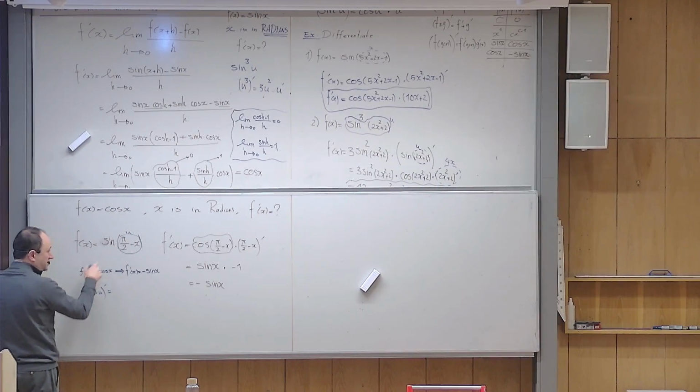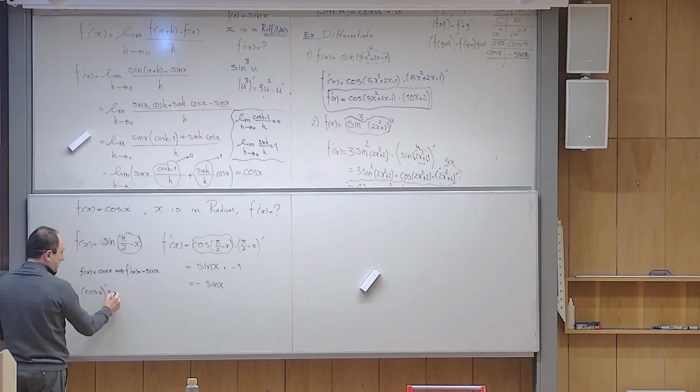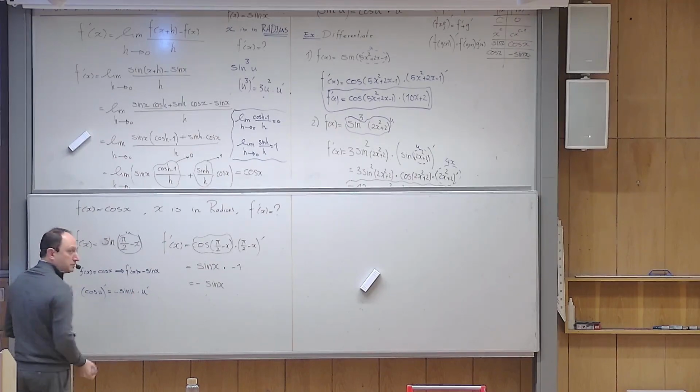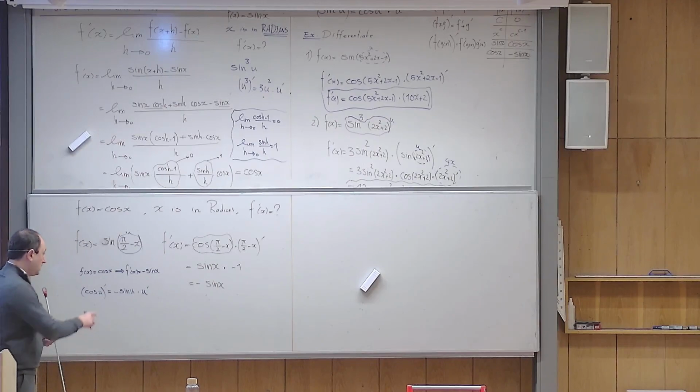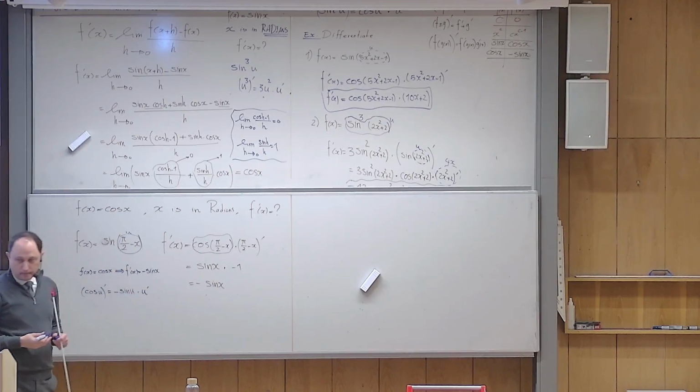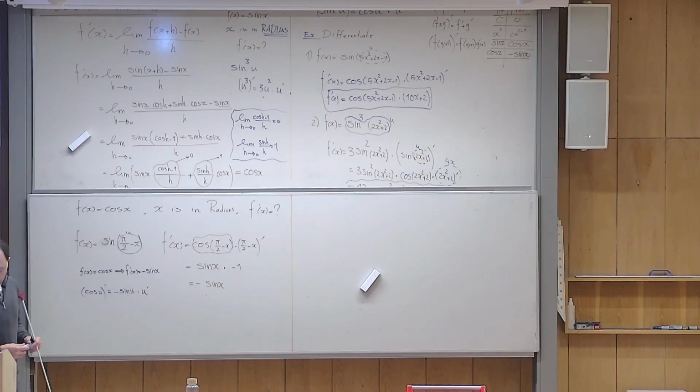It follows the same rule, which becomes minus sine u, but the only thing that you have to remember is not to stop here, and you have to multiply by an extra u prime, and I always tell you that this is not in the formula sheet. So is that clear?